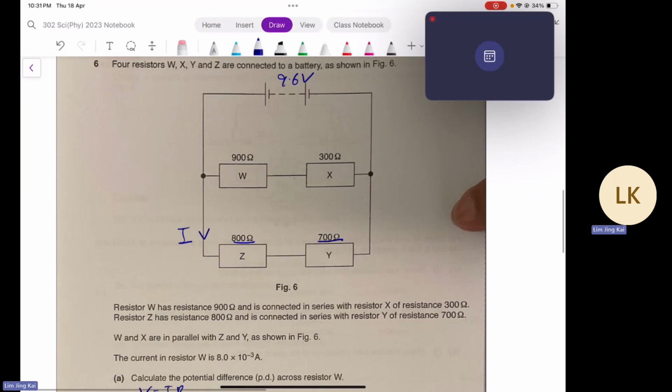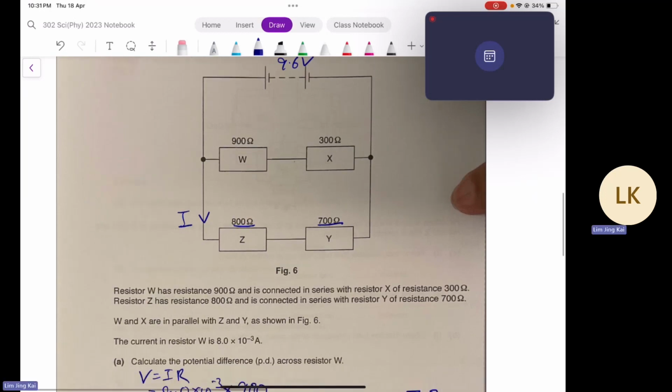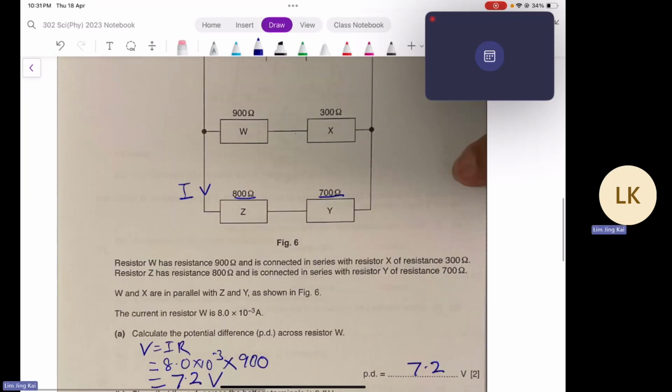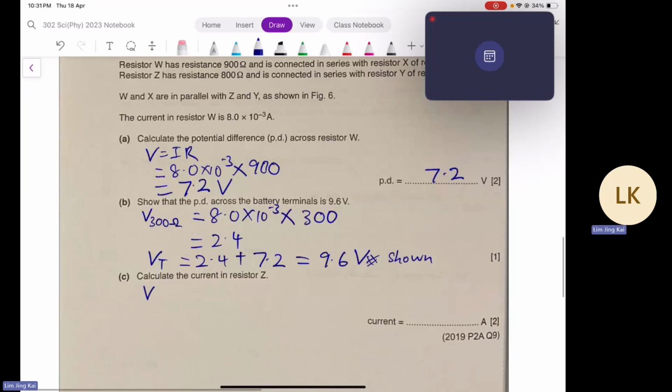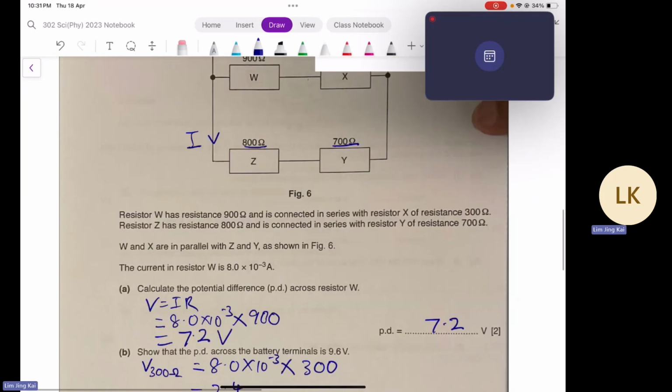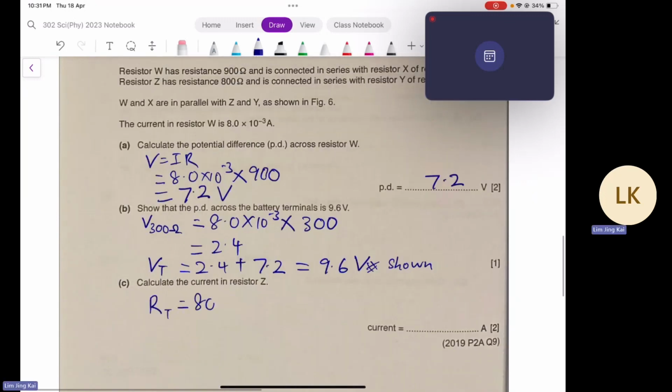Okay, we can actually make use of that, or I can make use of effective resistance of a series circuit. So using the idea of effective resistance in that series circuit itself, shouldn't write V, I should have written R. Okay, R total for that particular line would be 800 ohms plus 700 ohms.